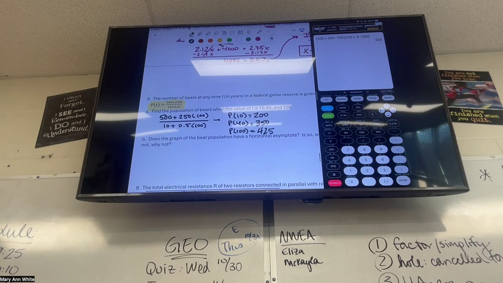Now, does this graph of the bear population have a horizontal asymptote? Yeah. Why do you know that? Because I've got T's. What kind of equation is that?